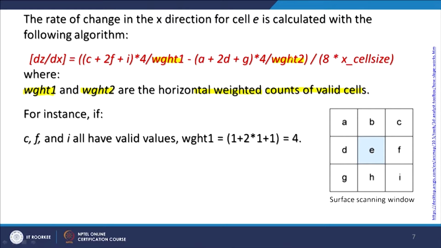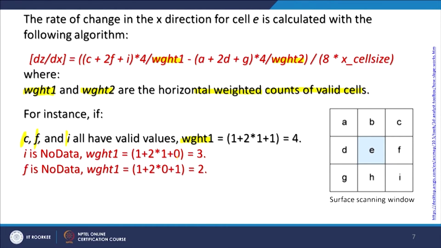So for my kernel, if C, F and I all have valid values, they will have weight 1, and that is like this. And if I is no data, then it will have something like this. The 0 is also there.